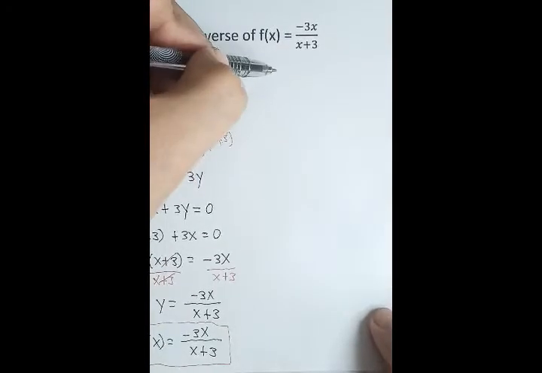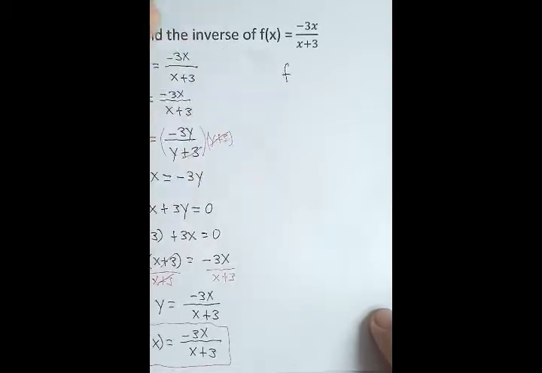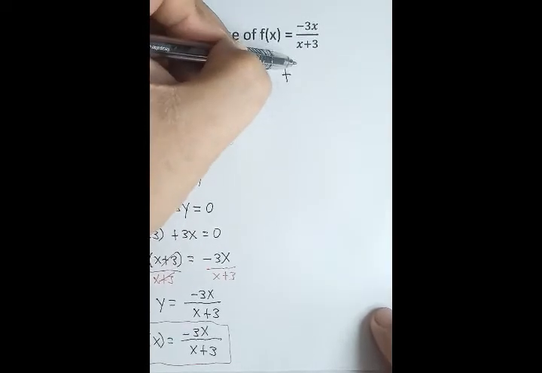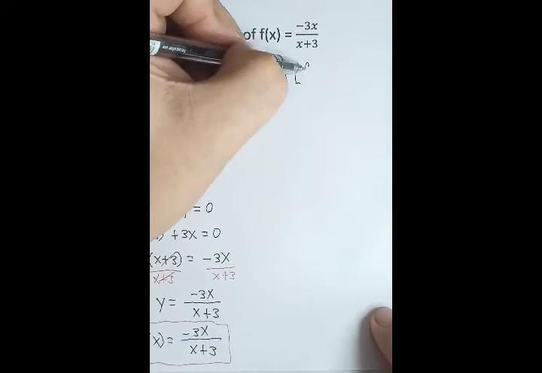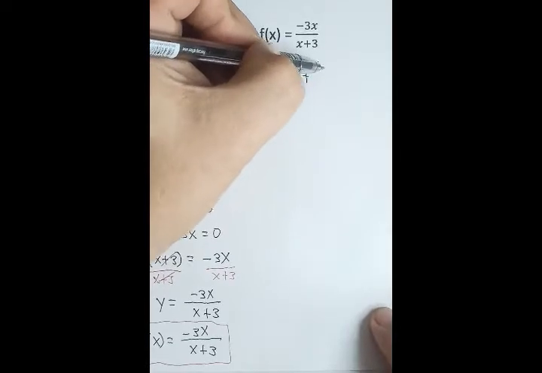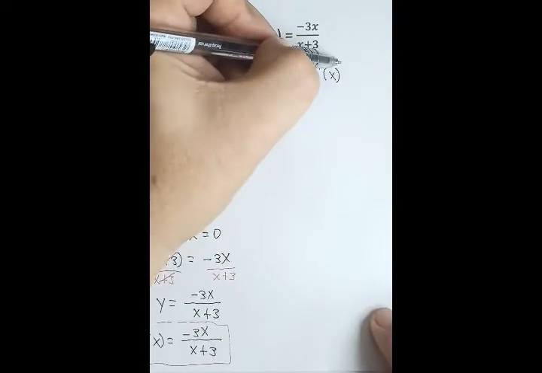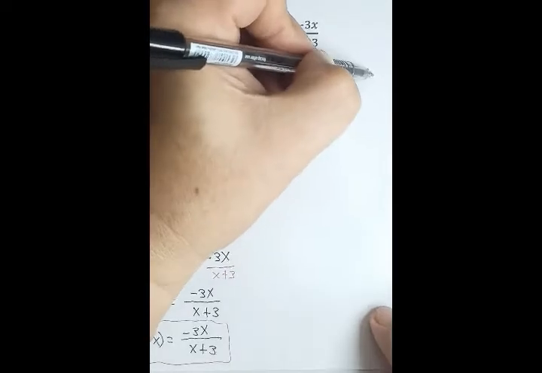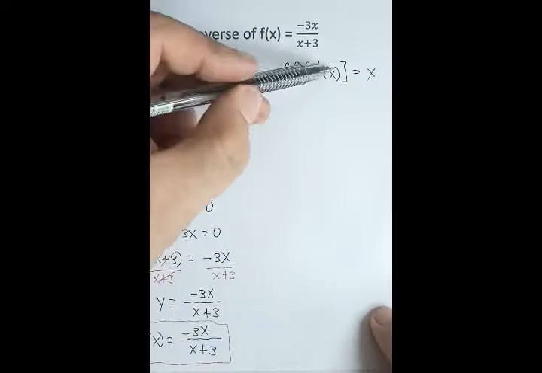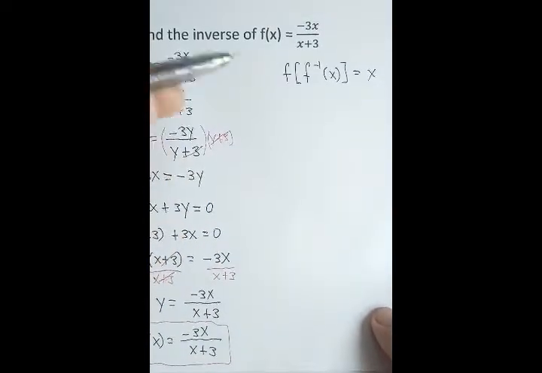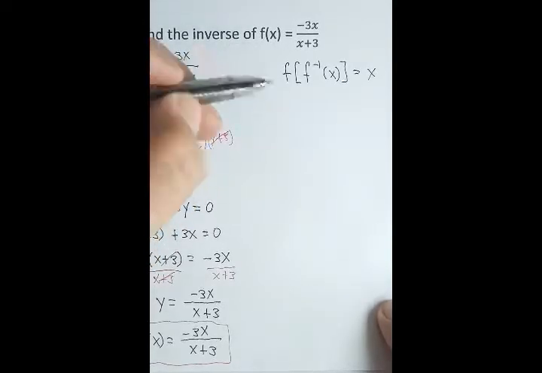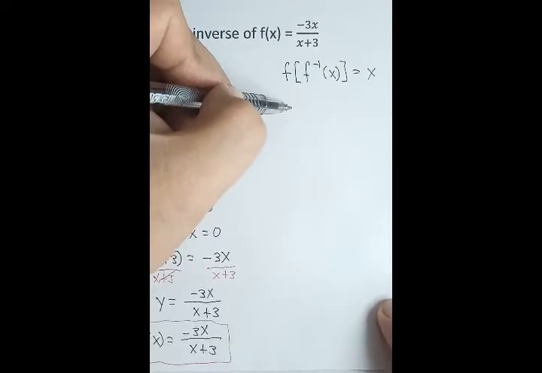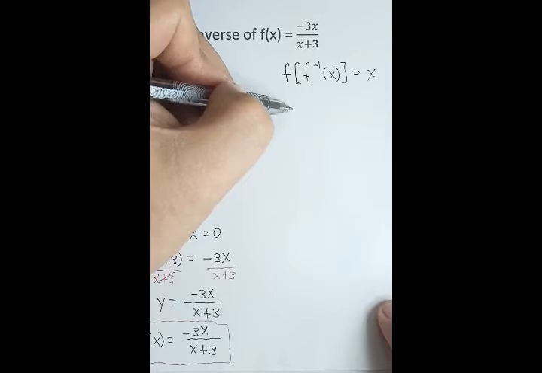So let us find the function of the inverse. So tanaw nato kung na function sa inverse we equal gyapon og x. So atong isulat ang original nga equation or in original nga function.